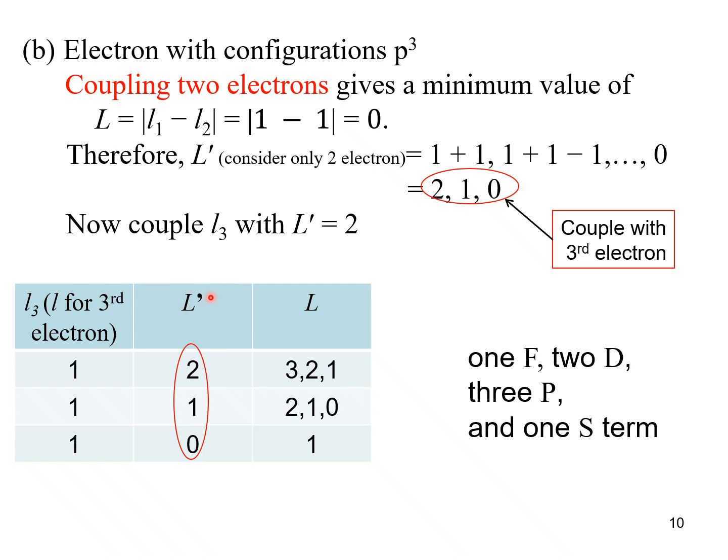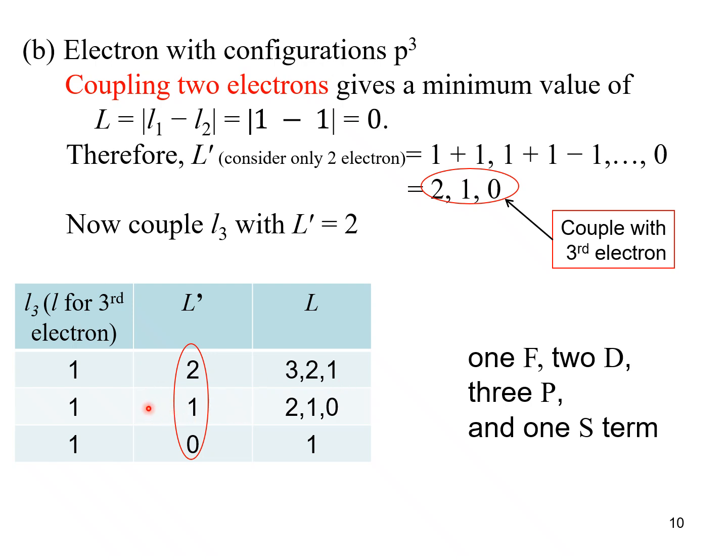Now we couple with the third electron. l3 equals 1 because the third electron also occupies the p orbital. So we have the results from two electrons, 2, 1, 0, coupled with the third electron. Therefore, we get L prime plus l3. For 2, the maximum value is 3. 3 minus 1, we get 2. 2 minus 1, we get 1.